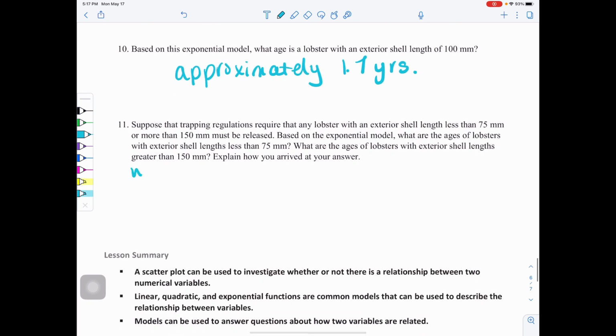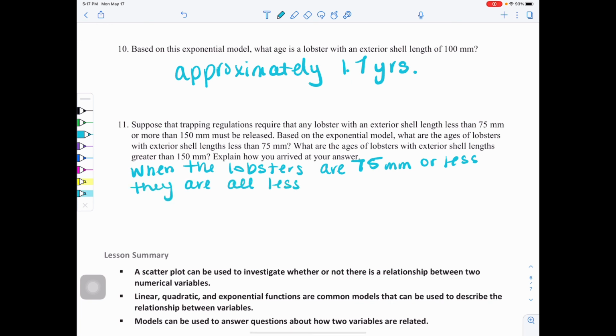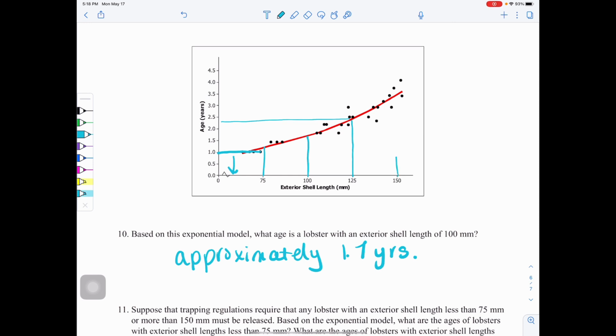So we're going to say when the lobsters are 75 millimeters or less, they are all less than 1 year old. If we look at the other side of that, 150, if I go and look at about 150 and up in this range, I would see that they're all at, if I follow that over, kind of that top spot, we're looking at 3.5 years and older.